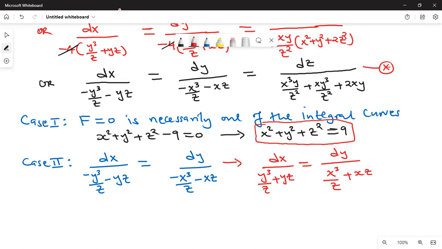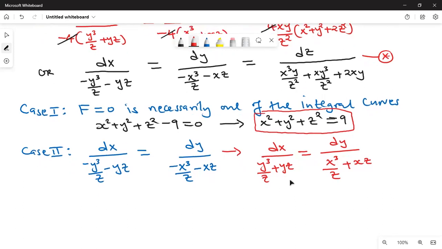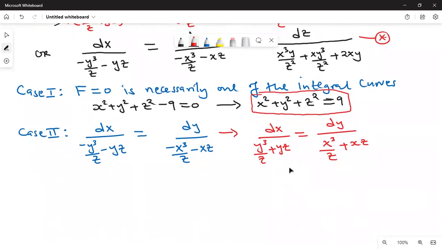I've gotten rid of the negative. So I want to eliminate z, because you see I've picked dx and dy. So you need to get rid of z between these two equations.